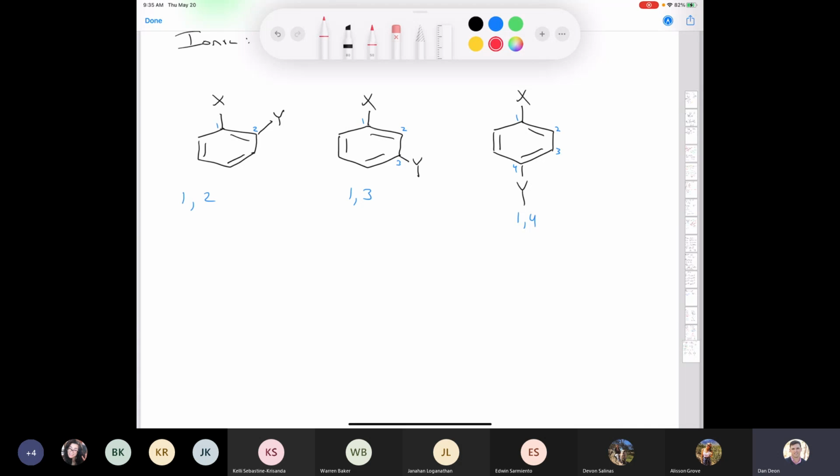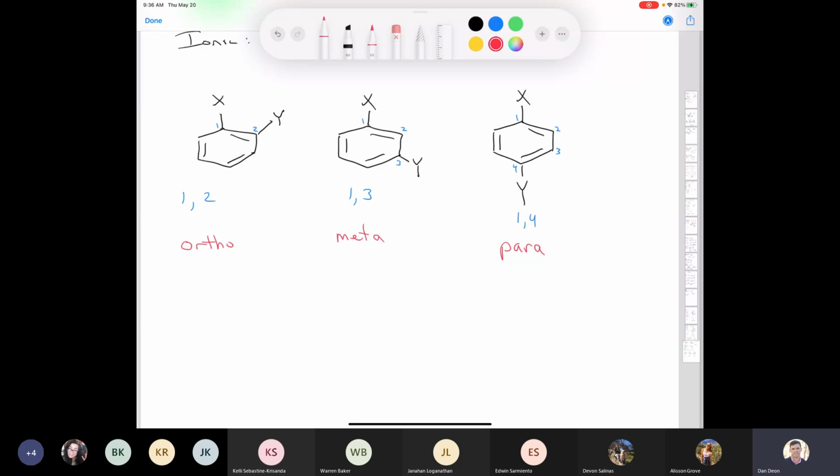When you have two substituents on an aromatic ring and they're next to each other, we say that they're ortho substituted. When they're 1-3 substituted, we say it's meta. And when they're 1-4 substituted, we say that they're para substituted. So ortho, meta, para. Again, these are things that you will learn in organic chemistry too.